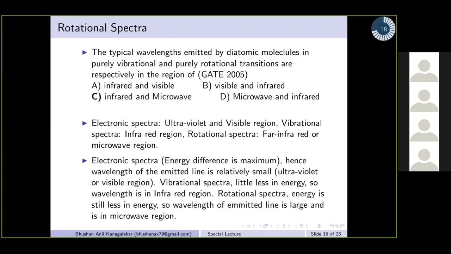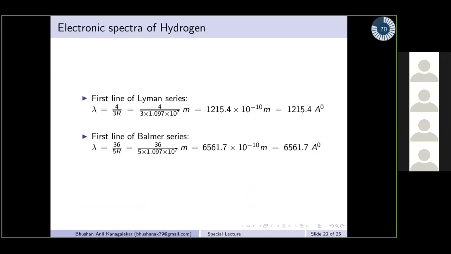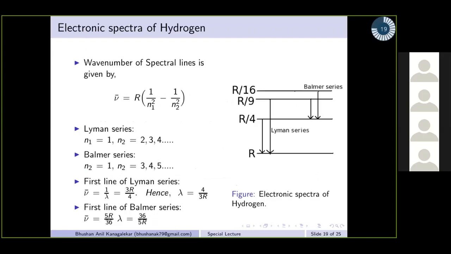Now I have to say something about the electronic spectra, just to give an idea and find out the actual wavelength of the lines in the electromagnetic spectra. You know, the Lyman series is generated by the transitions from n2 equal to 2, 3, 4 levels to 1, the first orbit or the ground state of the hydrogen atom.